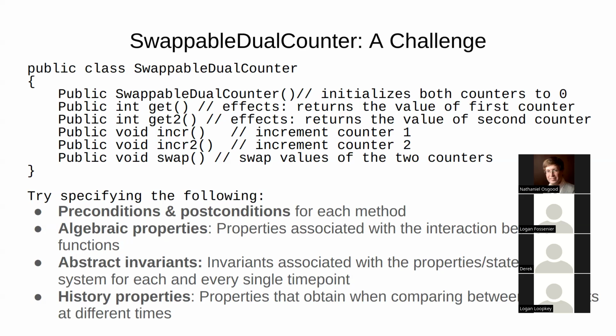Resetting and getting gives you what? 0. Resetting and getting 2 gives you what? 0. If I do increment and then reset, that's just the same as doing what? Just reset. If I do increment 2 and reset, it's the same as doing just reset.